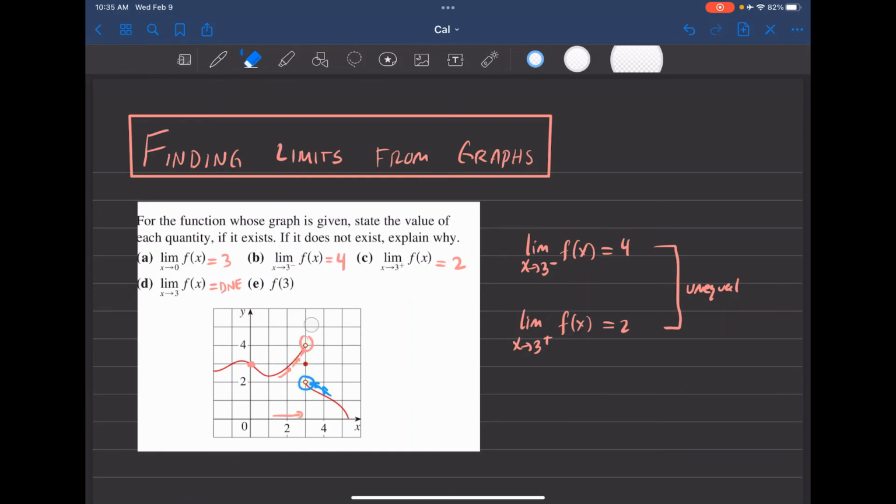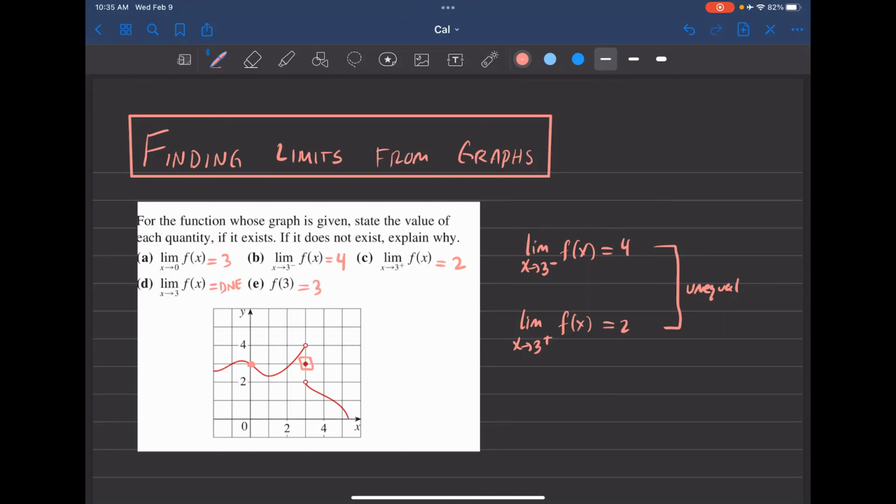Now, what about if you want to evaluate the function at that point? Well, if you look at f of 3, so when x is 3, we're looking at the function. Here it's undefined, here it's undefined, but the function is evaluated right here. So that's where the point f of 3 is.